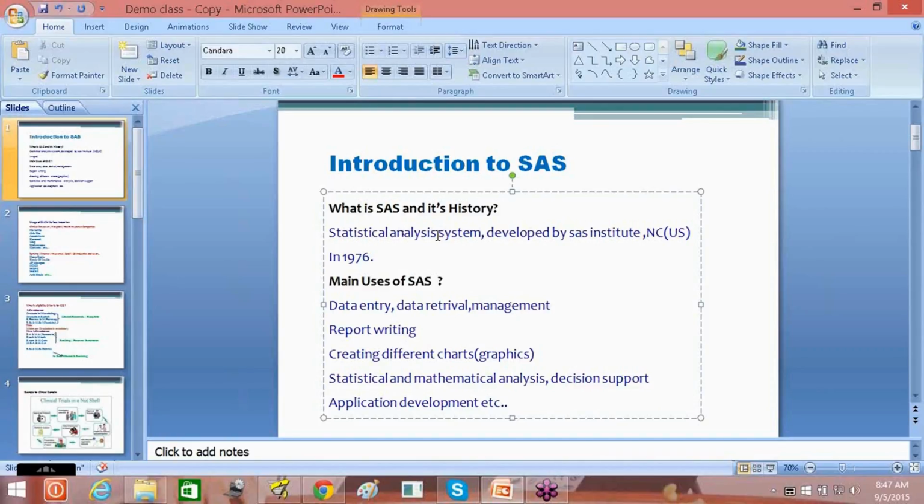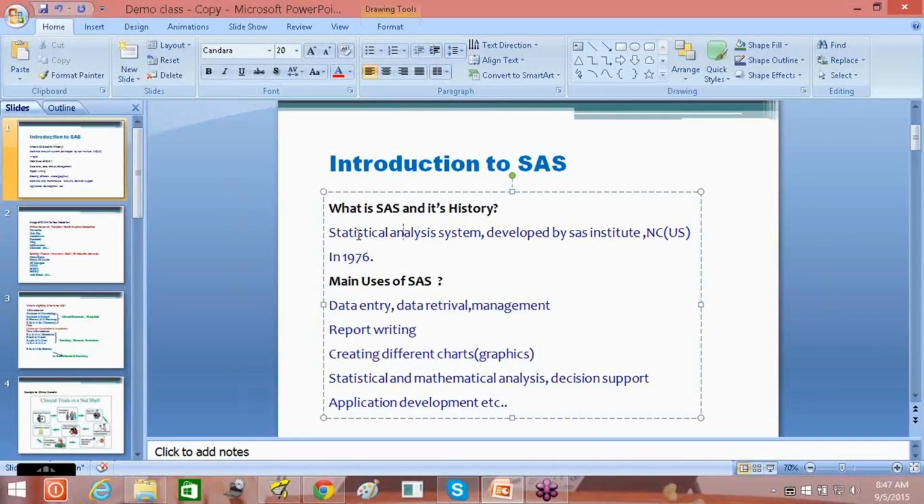So now you can perform different types of tasks like data entry, data retrieval, data management, report writing, creating different charts, statistical and mathematical analysis, decision support, application development, etc. When SAS was developed, it could be used only for data analysis.